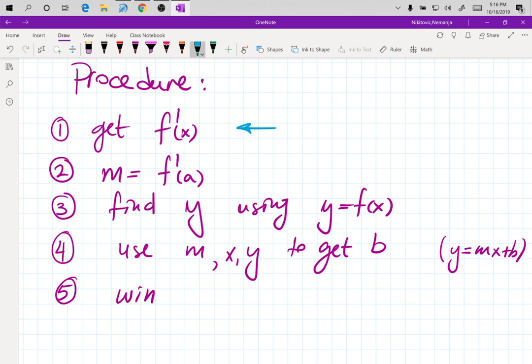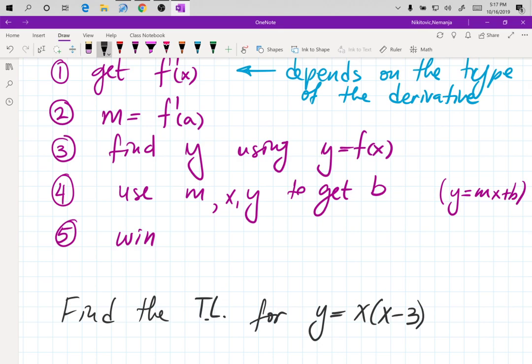So let's find the tangent line with something that, let's say, has a product rule in it. Say, find the tangent line for y equals x times (x minus 3) at x equals 2.